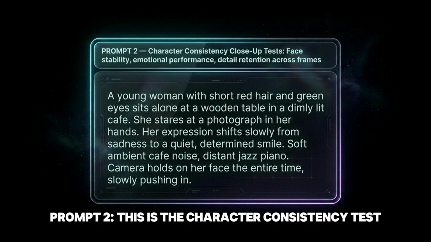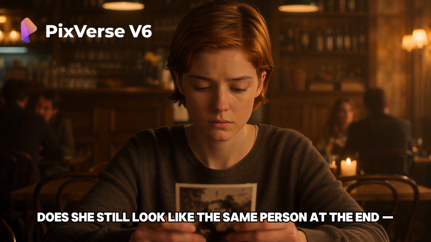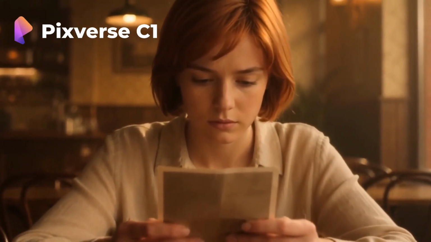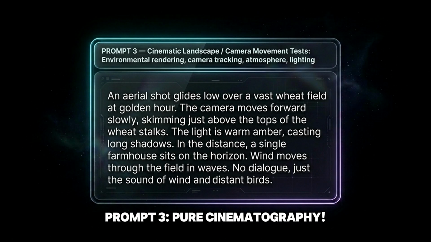Prompt 2, this is the character consistency test. One face. Does she still look like the same person at the end as she did at the start? Prompt 3, pure cinematography.